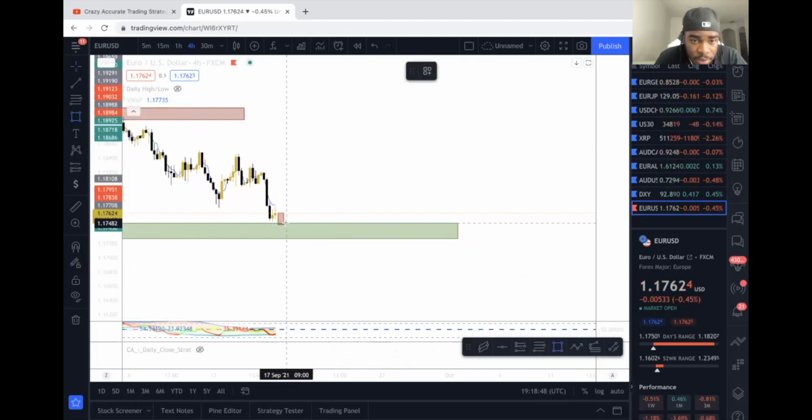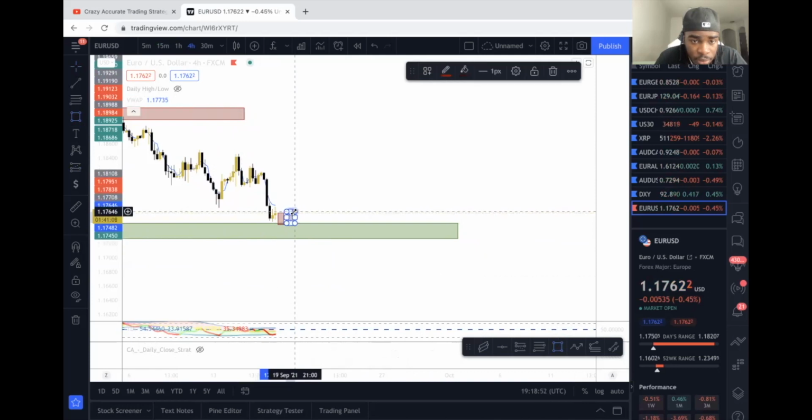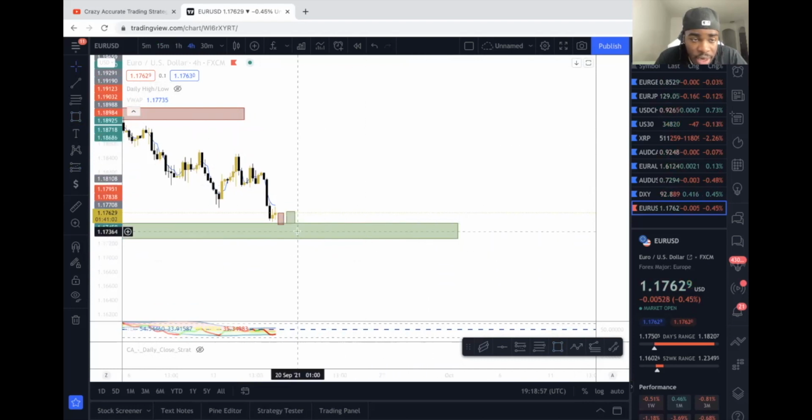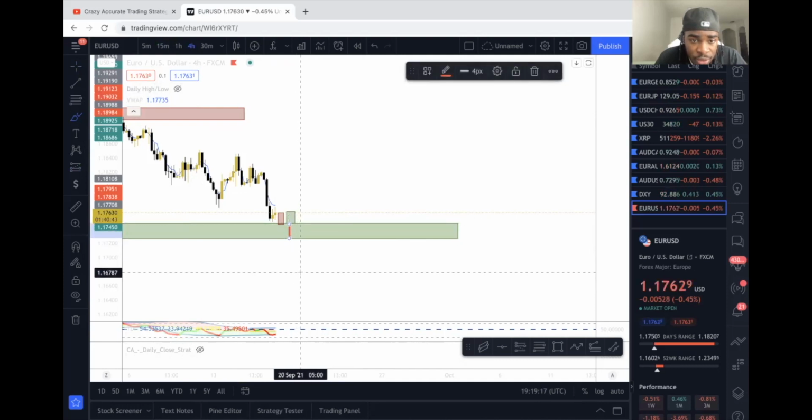But this time, price goes up. Right, but before it went up, maybe we had a long wick right here, and price goes up.